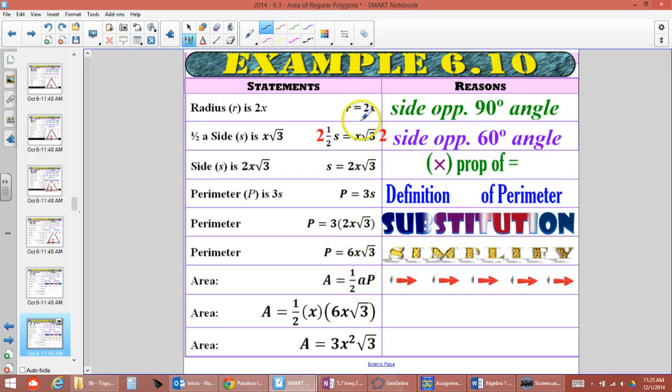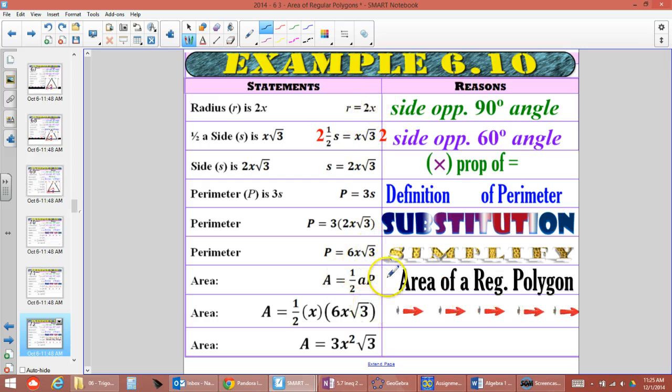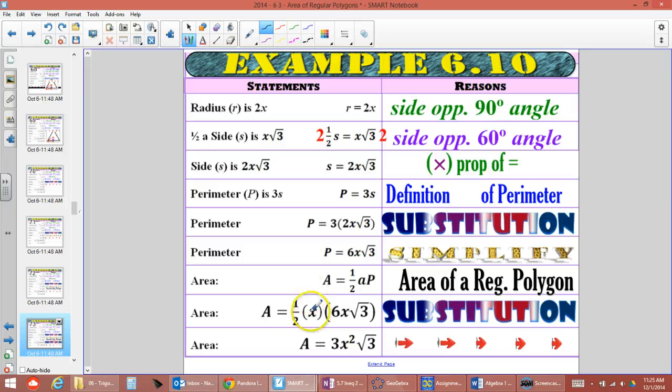Well, I know my a in reality is just x, so I substitute into my area of a polygon formula. I get my apothem as x. My perimeter is 6x root 3, and then I multiply my x in, and I cut the 6 in half, and I end up with 3x squared root 3 as my formula for the area of a regular triangle with x being represented by the apothem.